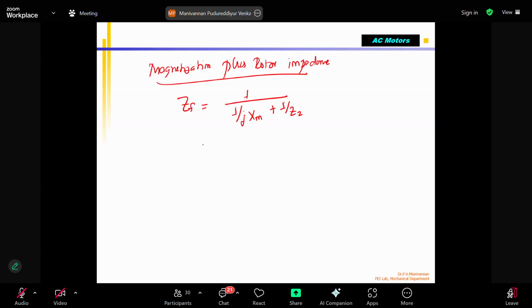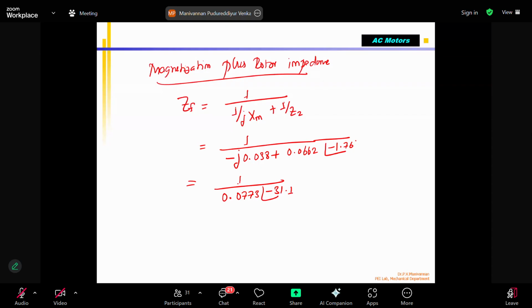Substituting the values, 1 divided by (minus j 38 plus 0.0662 with an angle of 1.76) can be reduced to 1 divided by (0.0773 minus 31.1).